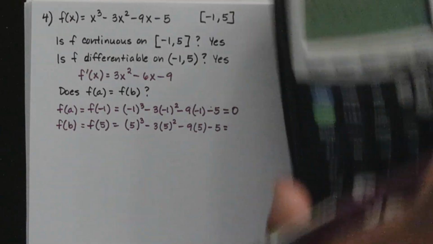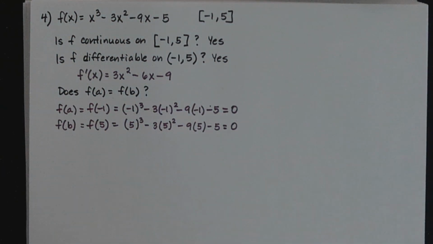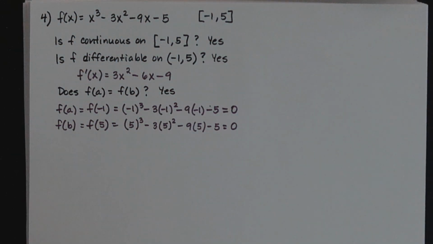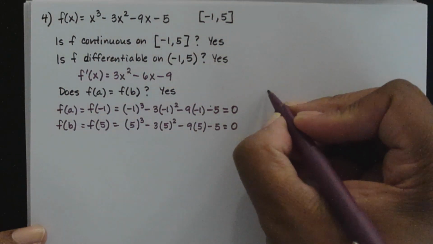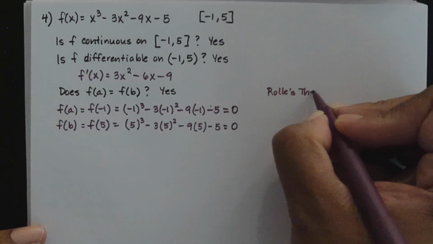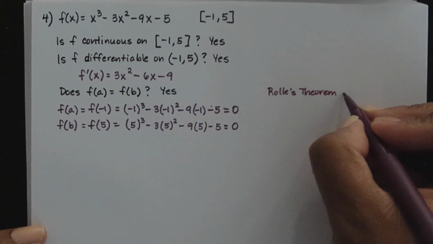That also equals 0. So f of a does equal f of b. So that means that Rolle's theorem applies, because all three conditions are met.